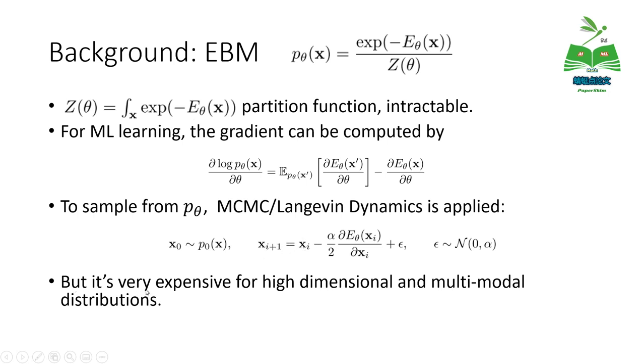So it's very expensive for high dimensional and multi-modal distributions, because for each update we need to update x t times, especially when the data is high dimensional, then t will become larger.